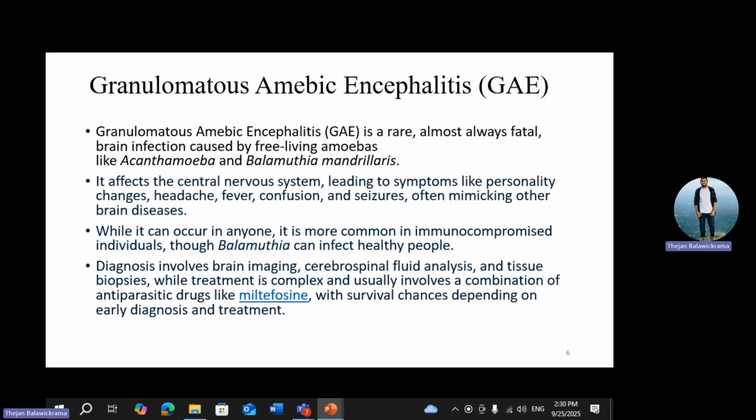If the level of adrenaline in the blood increases, the person becomes a bit aggressive. The example I took was, if the adrenaline level is high, the person becomes aggressive, and the personality changes.